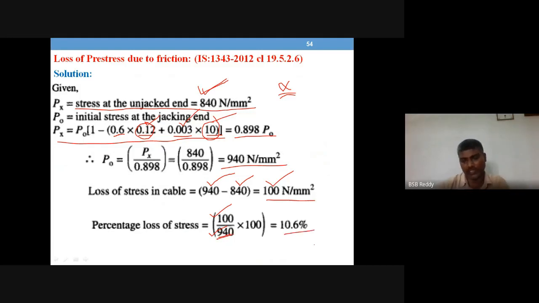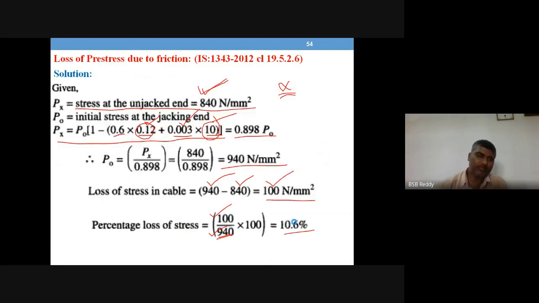So out of that 940, 100 is gone. What is remaining is 840. So 10.6% is gone. This is the example with a circular cable.